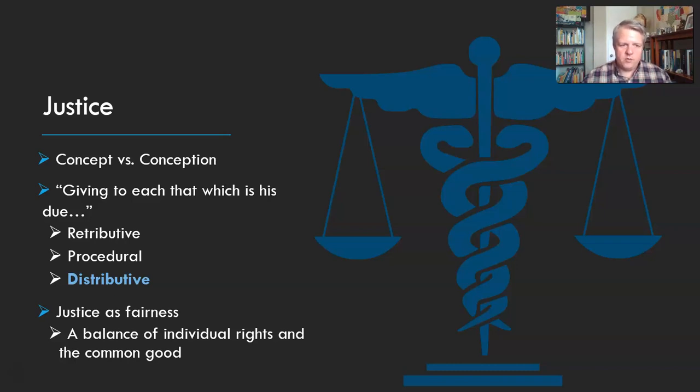And we encounter it in the distributive realm, and that's the one that's going to be of particular interest to us this semester. Distributive justice has to do with ensuring that each individual receives their due with respect to some scarce resource. It's about the distribution of scarce resources, whether that be the distribution of money, food, jobs or offices within a society, or scarce medical resources.